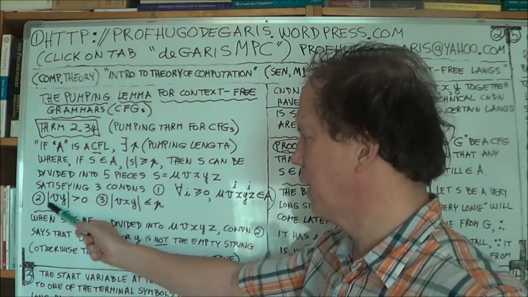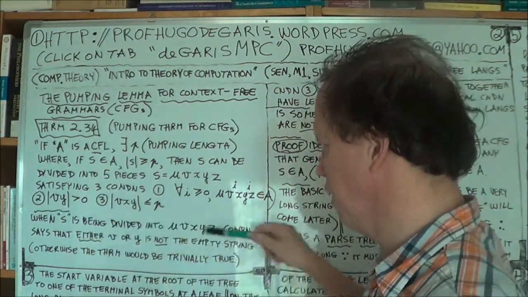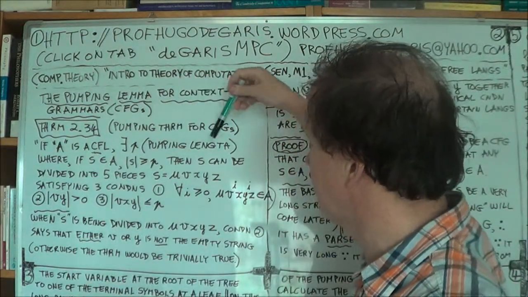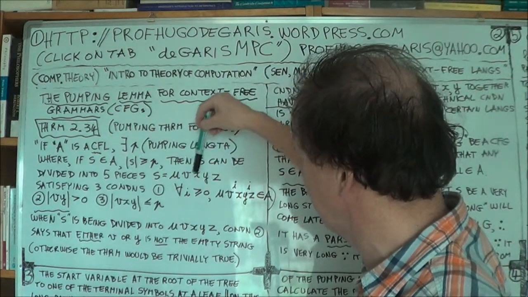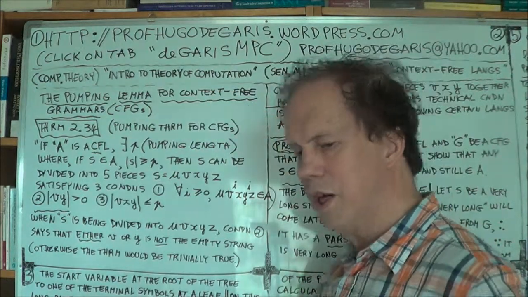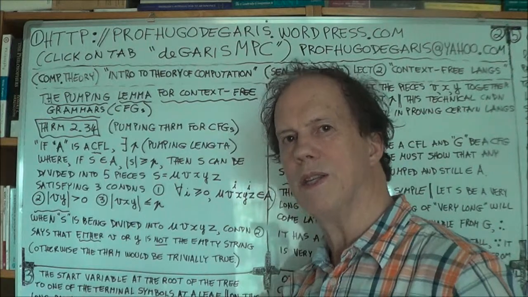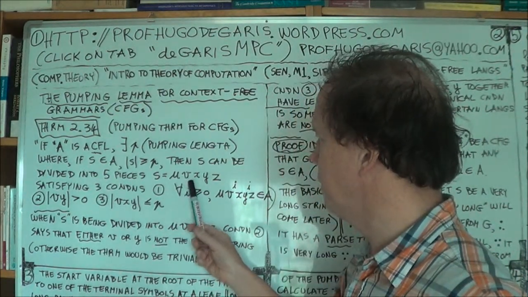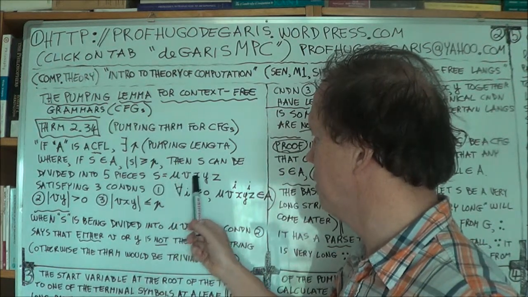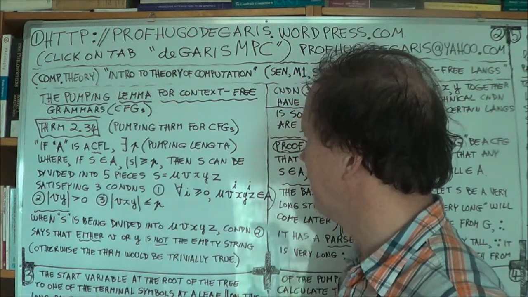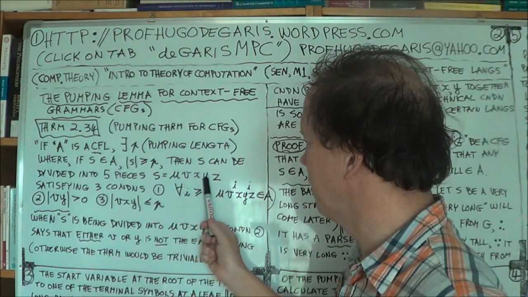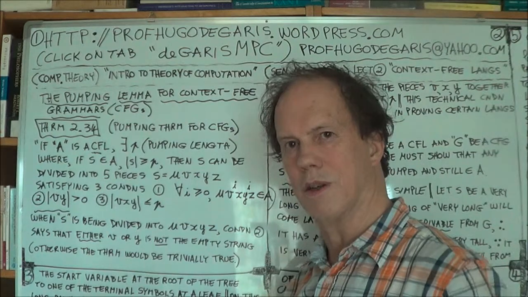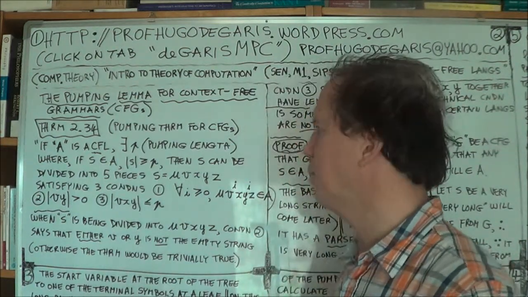Now, what's this saying here, condition 2, a bit of a note here, that you can't have both V and Y, in other words, the second and fourth substrings, both being the empty string. So you can't have just UXZ. One of them at least has to be not the empty string.